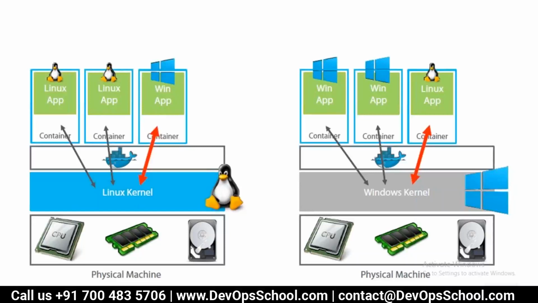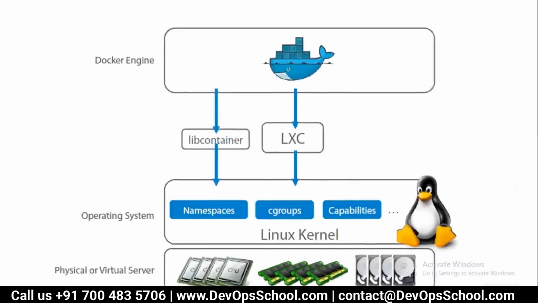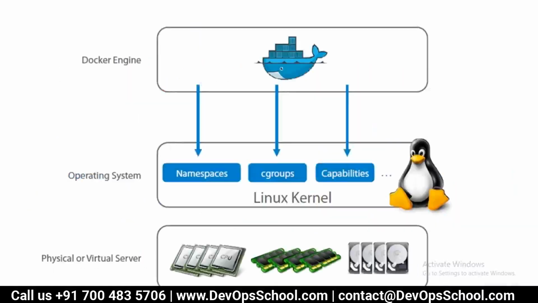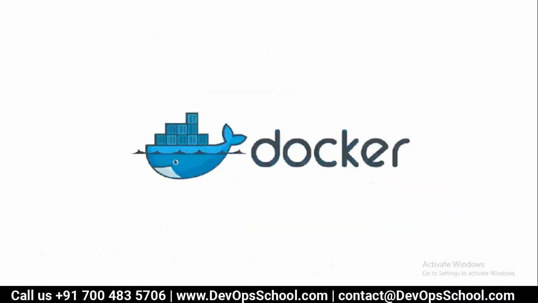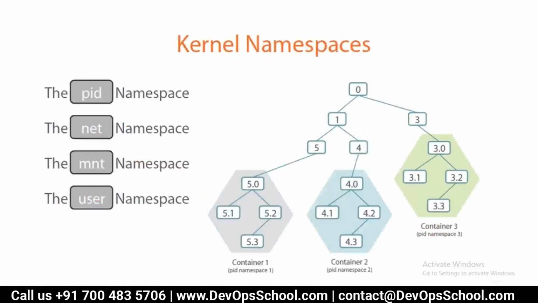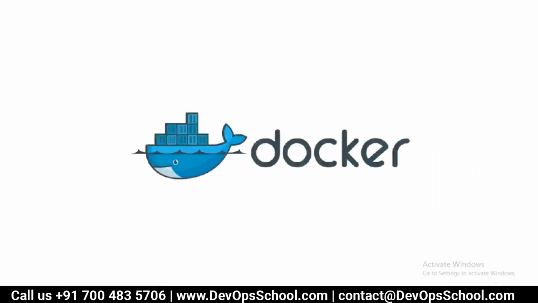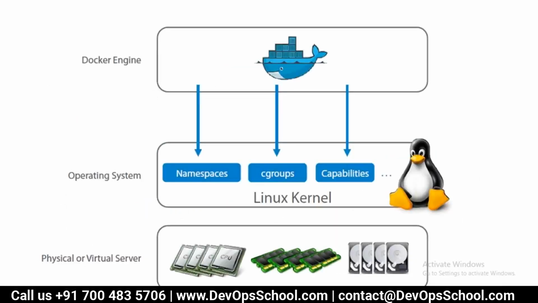Remember, what is the work of the Docker engine? The Docker engine reads the Linux kernel for namespaces. Remember namespaces. Namespaces for what? For the process map, networks, mounts, user space. Then the Docker engine reads the cgroups for CPU and RAM.